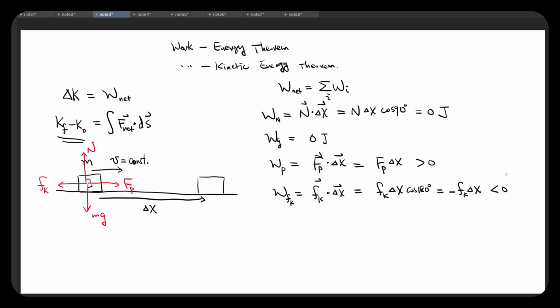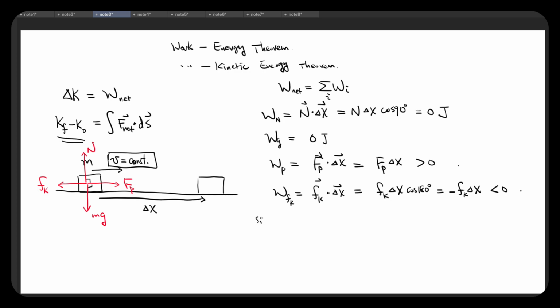Okay. Now if I want to calculate the net work, then I need to sum them up, and I have these two terms summed. Now it turns out these two terms cancel each other exactly. The reason is the velocity equals a constant, this condition.